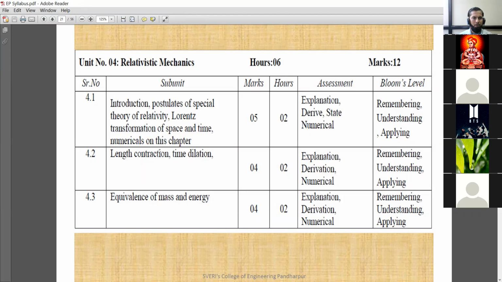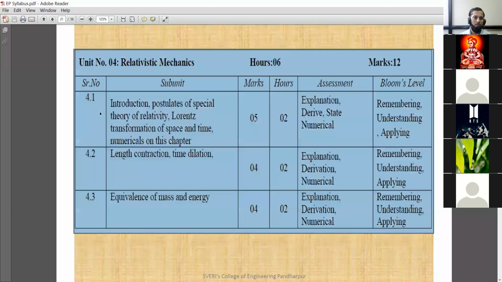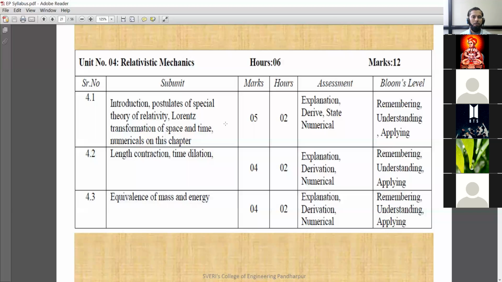A few points are there, all derivations related to the theory of relativity. You can write first one, 4.1, introduction, then postulates of special theory of relativity. Two postulates are there. Then the next point, continue writing: Lorentz transformation of space and time, comma, numericals on this chapter.